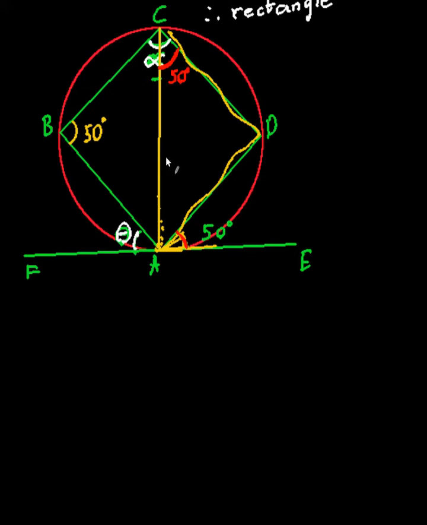Okay, so sorry, my mistake. It's this one over here, not this one. Okay, in the same way, this theta over here is going to end up being equal to this angle, so that's going to be equal to theta. All right, so what else do we know?